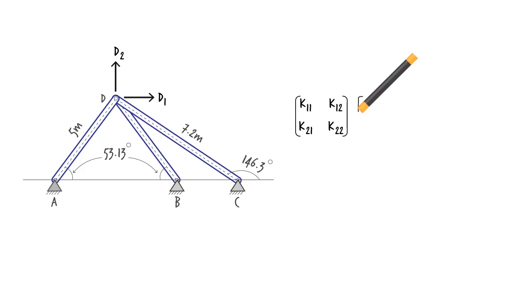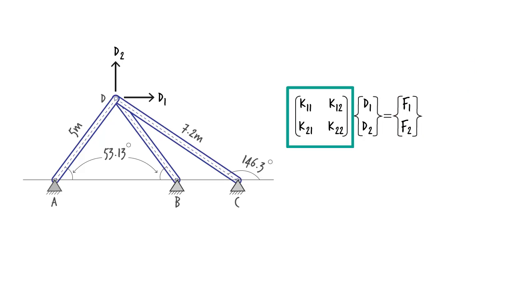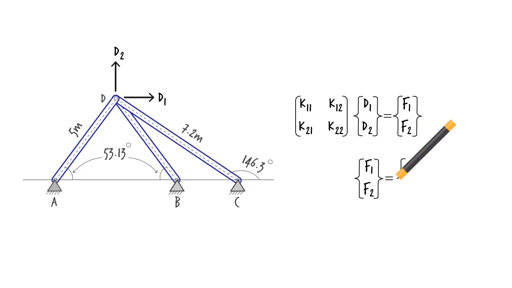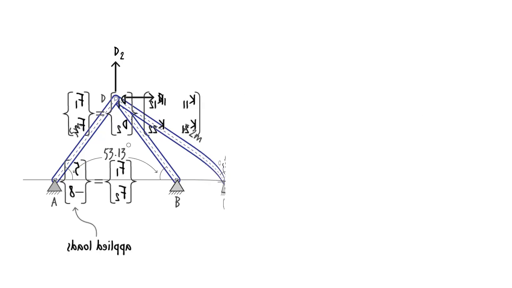Therefore, for the entire structure we can write: this is the system stiffness matrix, and this is the vector of the joint loads, which equals the following. We determine the stiffness matrix coefficients by using member stiffness matrices. First, we need to write the stiffness matrix for each member. As a reminder, here is the generic matrix.